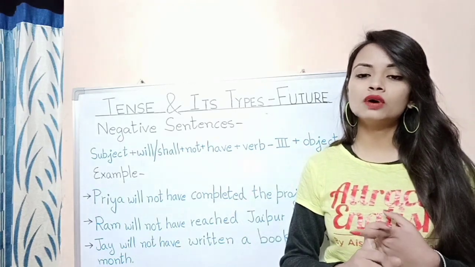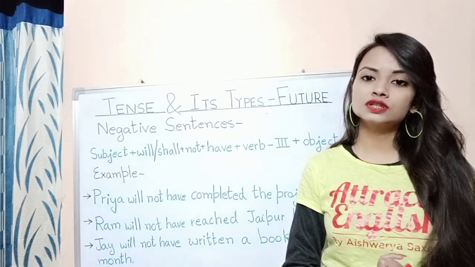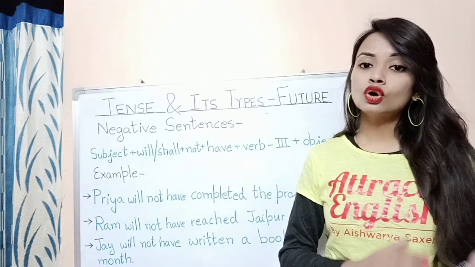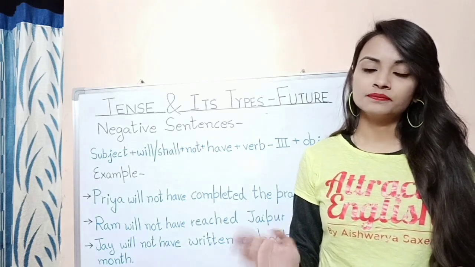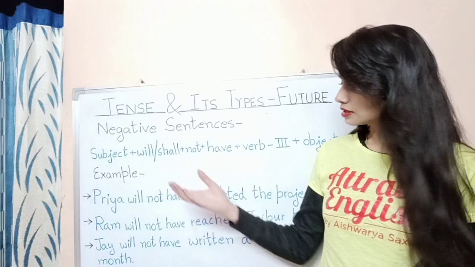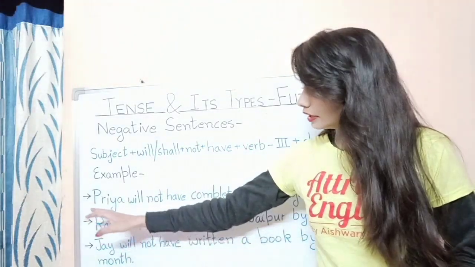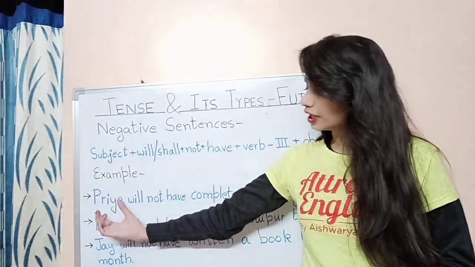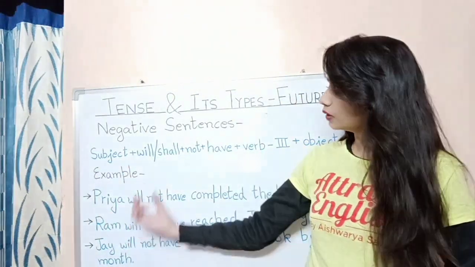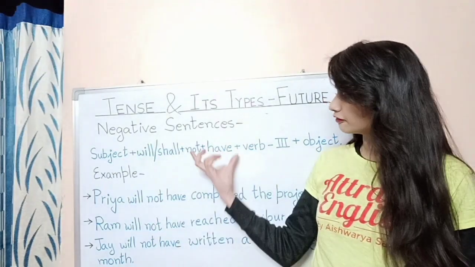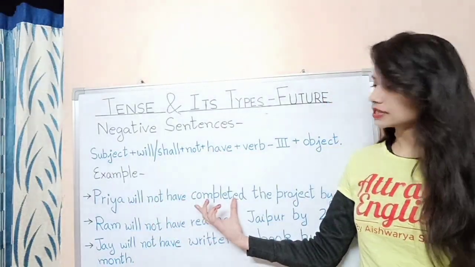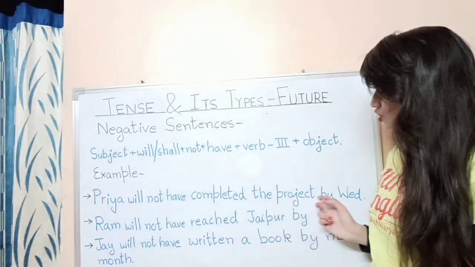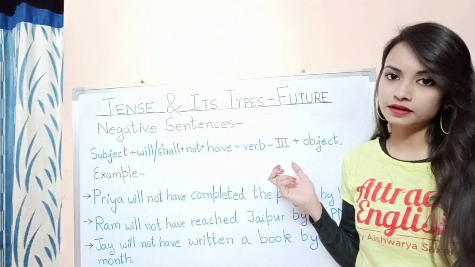There we were talking about the completion of an action in future till a point of time, and now we are talking about not completing an action in future, and this is how it works. Here if we compare it with the format, Priya, this is the subject as we discussed earlier also, will as it is, then not have. As it is, completed as I have told you is the third form of verb complete, and then the project by Wednesday, this is the object.